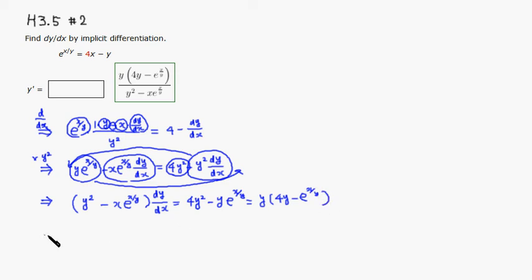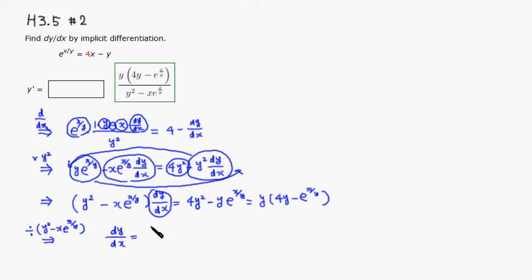Alright, then the last step is we just have to isolate the dy over dx by dividing through by the quantity y squared minus x e to the x over y. So you get dy over dx is isolated.